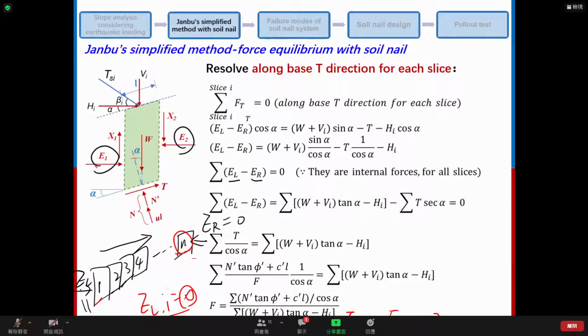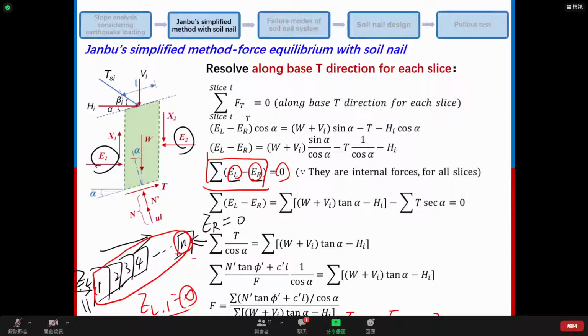We discussed already, if we do the summation of EL and ER, the final result will be equal to 0. Because if we take this slope as a complete body, all the forces here, EL or ER, are internal forces for this slope body.